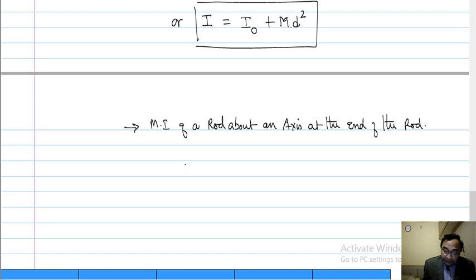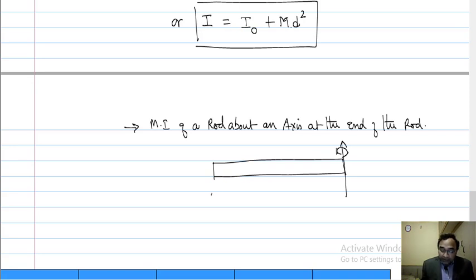Let us understand this diagrammatically. There is one rod, rotating about an axis this way, and the length of the rod is L, mass of the rod is m. This is the axis of rotation.